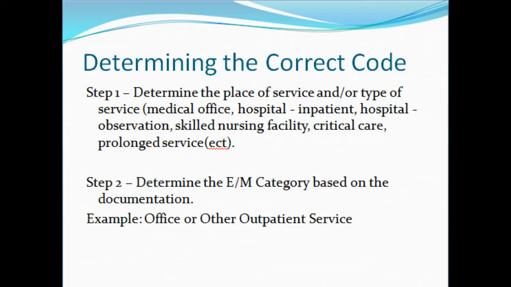After you figure out the place of service, you want to always find in your CPT manual the actual E&M category. For example, if the patient is seen in a doctor's office, you would look for the category for office and/or other outpatient service.